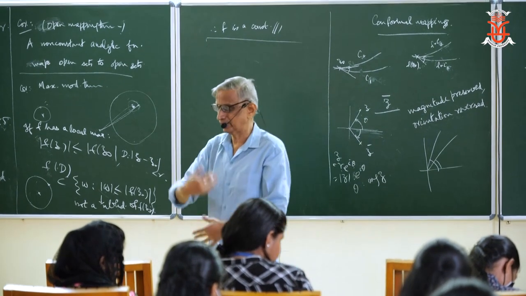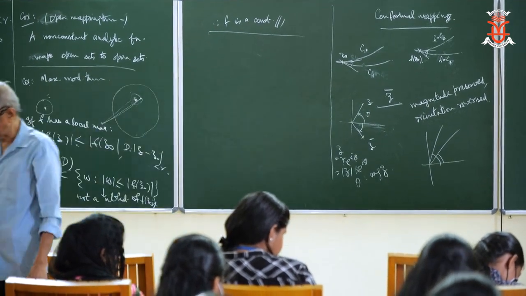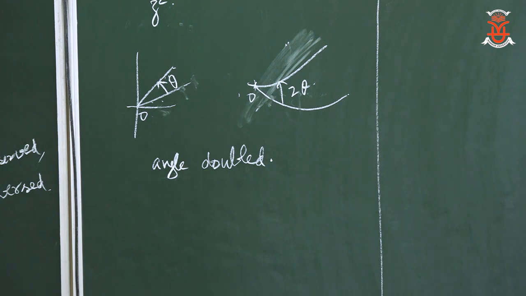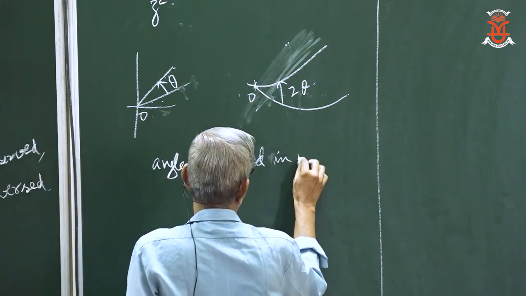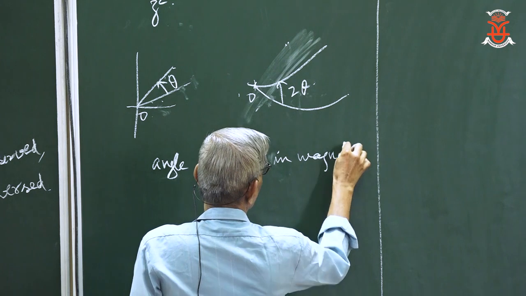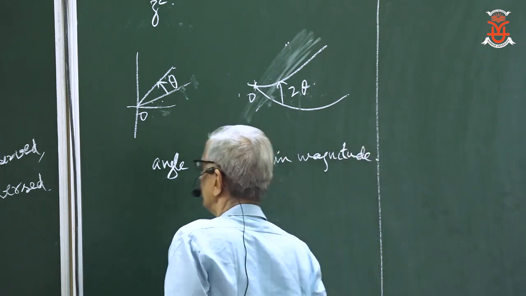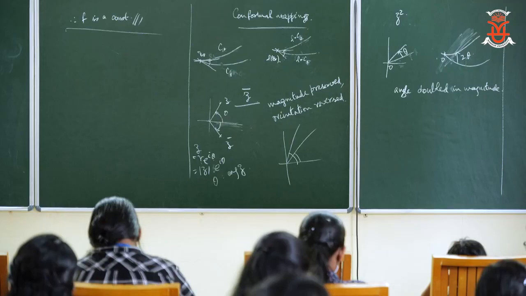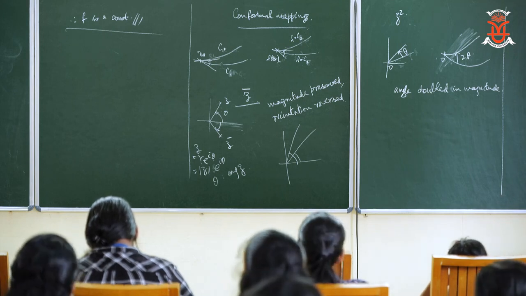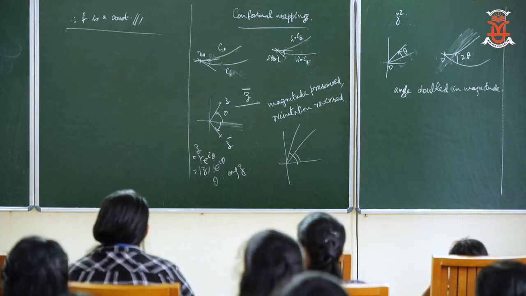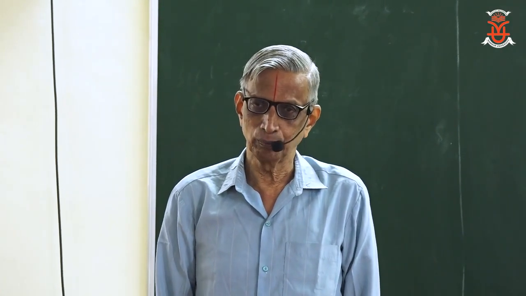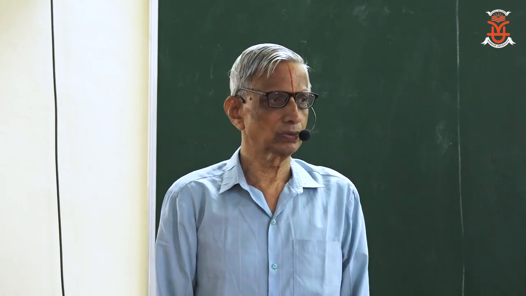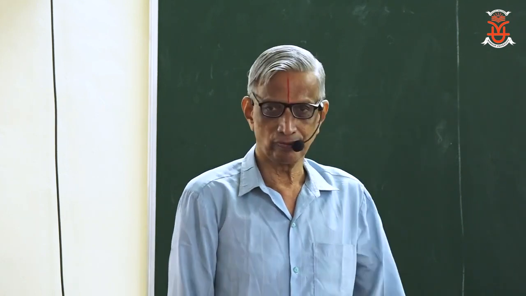Of course, it can be in the opposite orientation also. Anyway, the magnitude is double. So, under what conditions is the angle preserved in both magnitude and orientation? That's what we want to see.